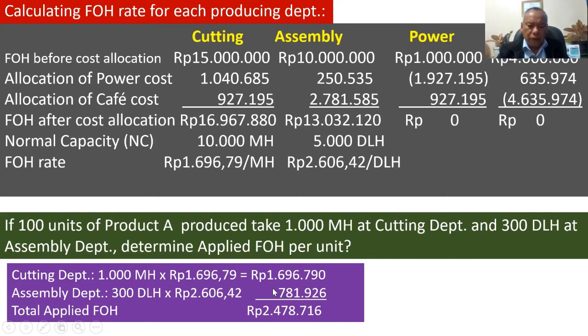So we find 1,696,790. And then the assembly department, the actual capacity 300 direct labor hours times the assembly rate 2,606.42. So we find 781,926.